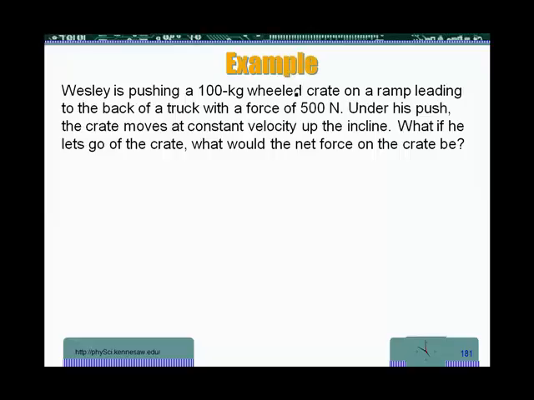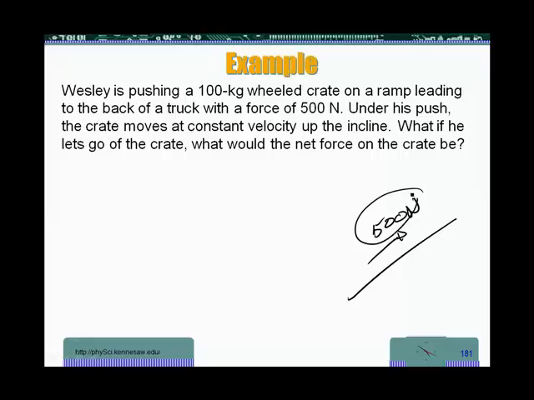Now, the key here, when he was pushing it with 500 newtons in the forward direction, the forces were balanced. What does that mean?